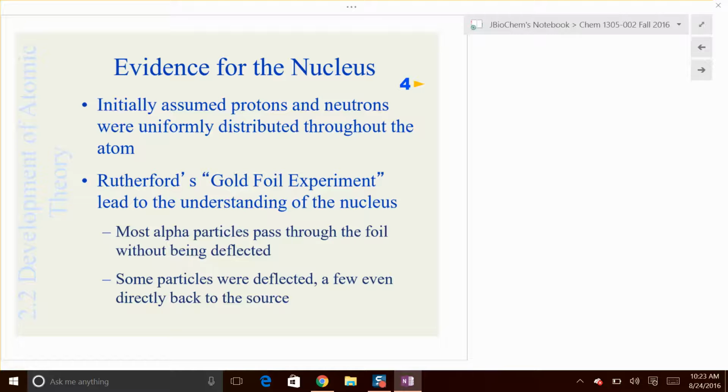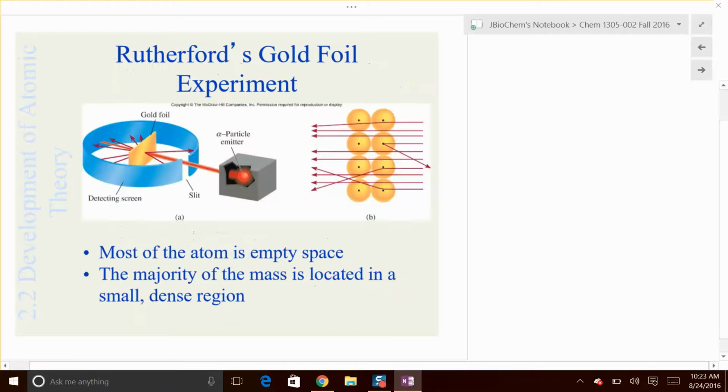And what happened was very surprising to them. They didn't expect it. They had no idea that this was going to happen. But when he did that, mostly all of the ray passes right through the gold foil and hits the detecting screen back here.